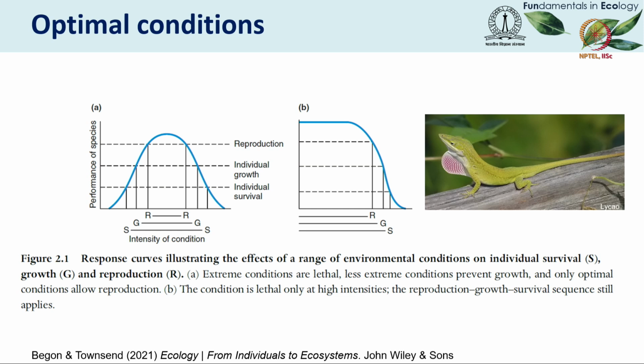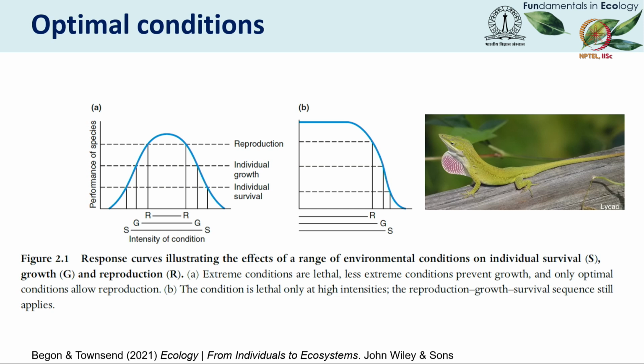As you move away from that optimum, which is in the center of that graph, and go towards lower temperatures or higher temperatures, conditions become not as optimal. Conditions become worse for this species, right? So the species can survive across a broad temperature range.